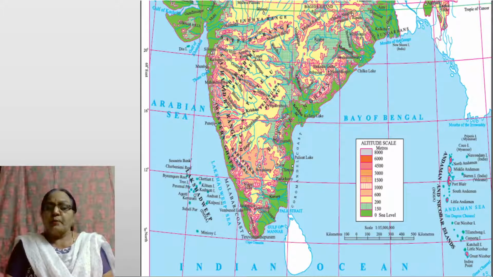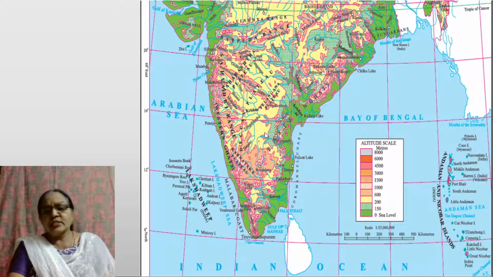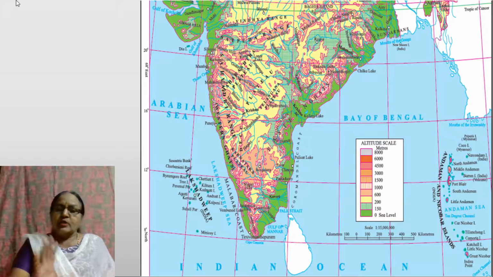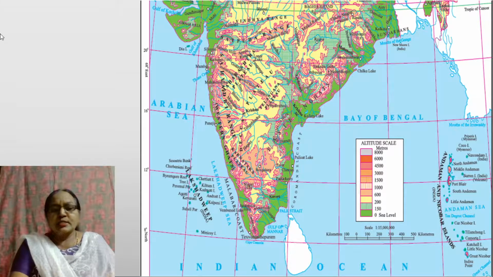Between the Arabian Sea and the Western Ghats, we have the Western Coastal Plain. And on the east, we have the Eastern Coastal Plain between the Eastern Ghats and the Bay of Bengal. If you compare, you'll find the Western Coastal Plain is very, very narrow when you compare it with the Eastern Coastal Plain.